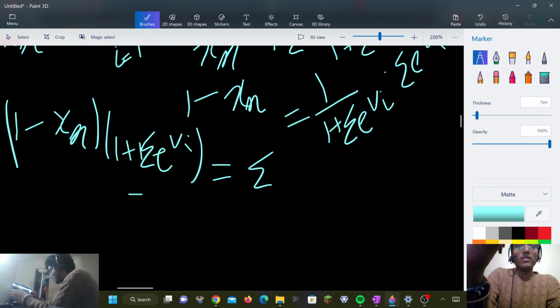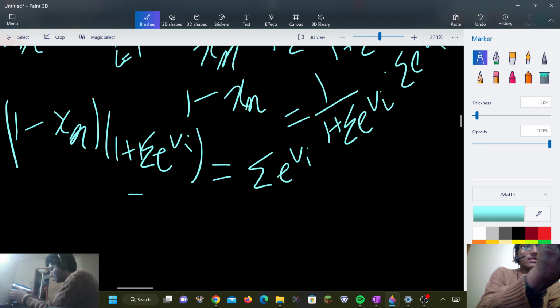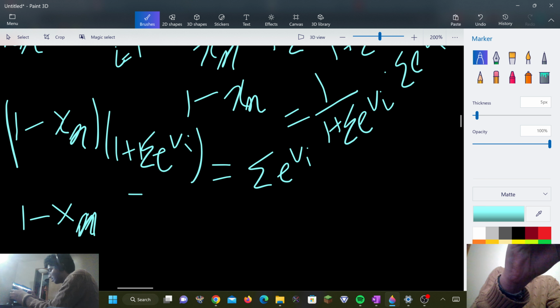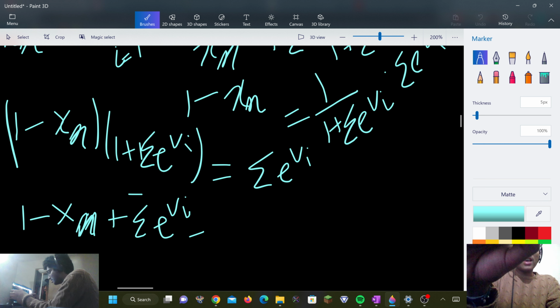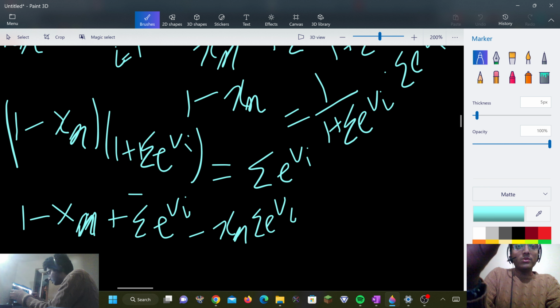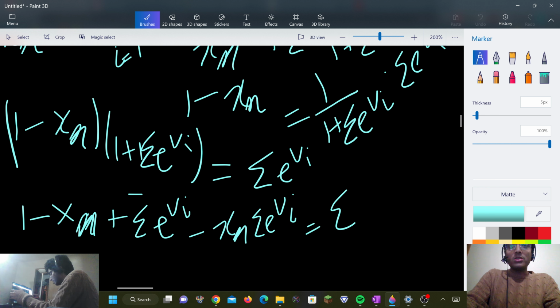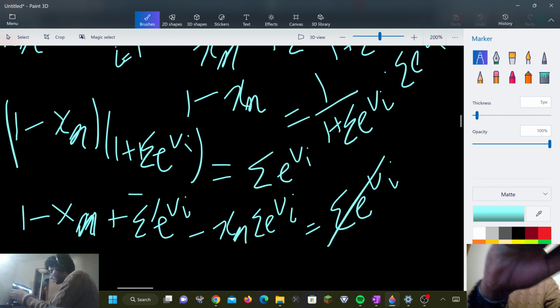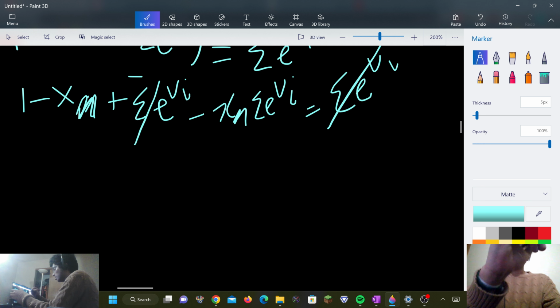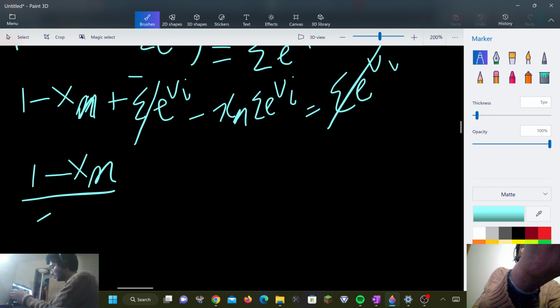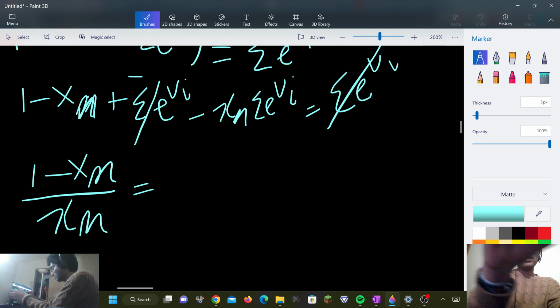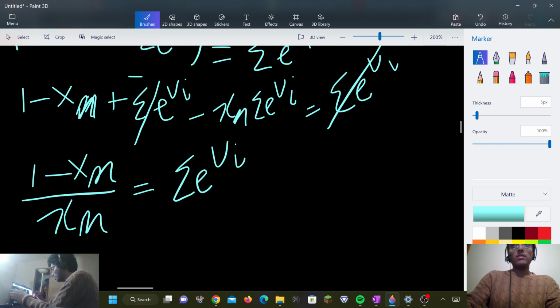Then let's distribute; it's just FOILing. You get 1 minus x_n plus the summation e to the v_i minus x_n times the summation e to the v_i equals the summation e to the v_i. So these terms cancel, and essentially you get 1 minus x_n over x_n equals the summation of e to the v_i.